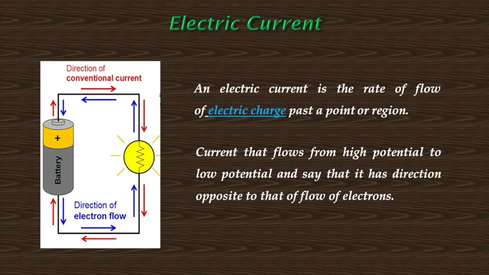To make this fit with the general theory that everything goes from high to low potential, we introduce current that flows from high potential to low potential and say that it has direction opposite to that of the flow of electrons.